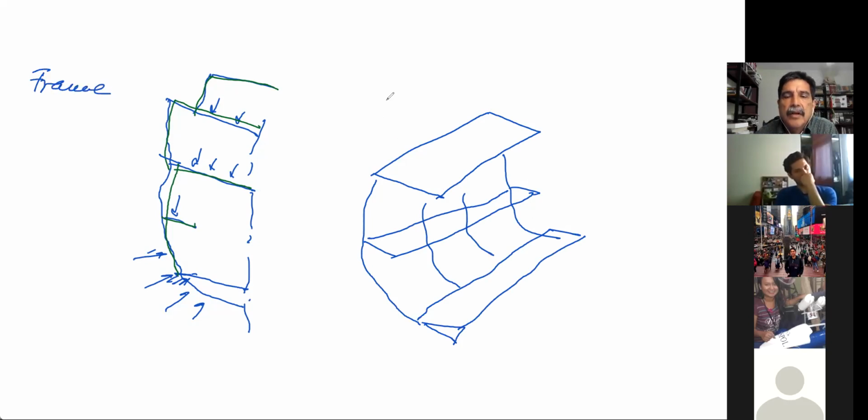And this is another model using plate elements. Okay, so here you have something like this. But here you have only elements between two joints. So this is problem 1, this is problem 2.